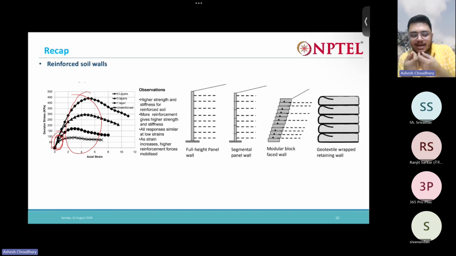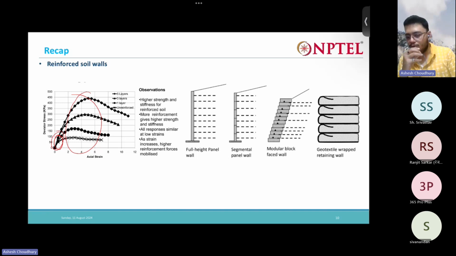Some strains have to get generated in the reinforcement, right? At low load or low axial strain, the strains are not yet mobilized completely, not yet transferred to the reinforcement. That's why the mobilization of the strength of the reinforcement is very little. The strength of the reinforcement is not yet mobilized.